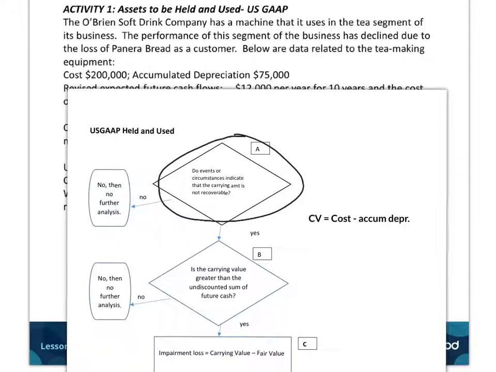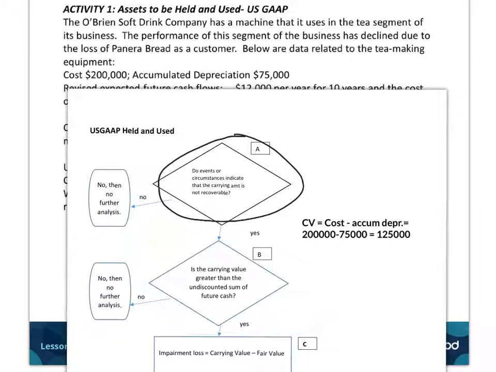So in this problem, that is going to be equal to the 200,000 minus 75,000, which gives us 125,000. All right, so that's the carrying value.